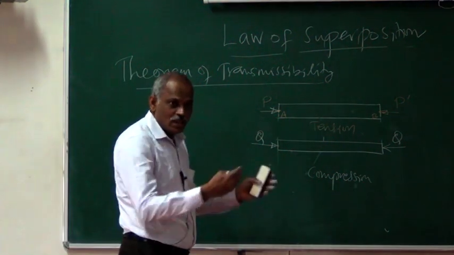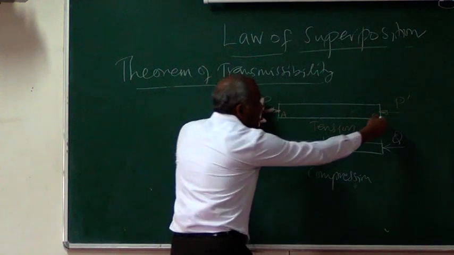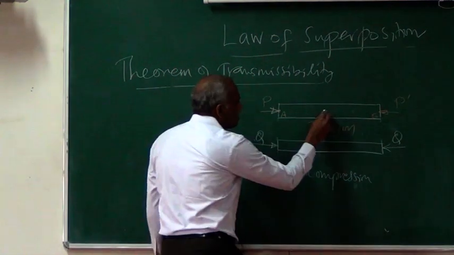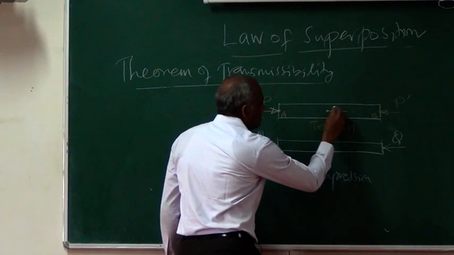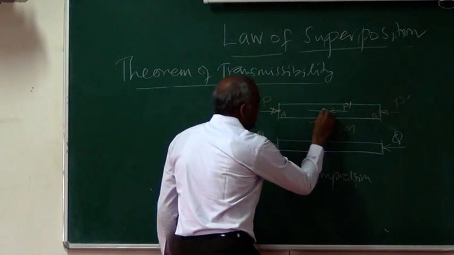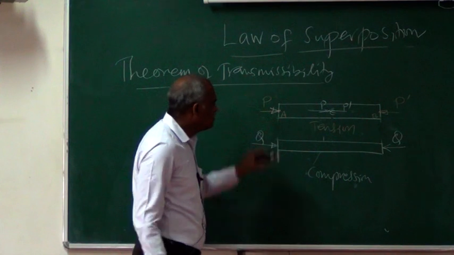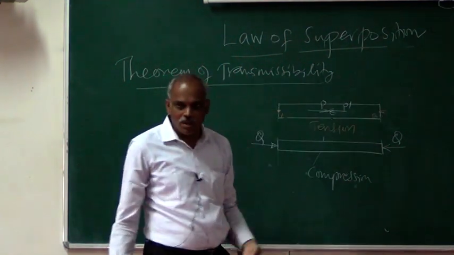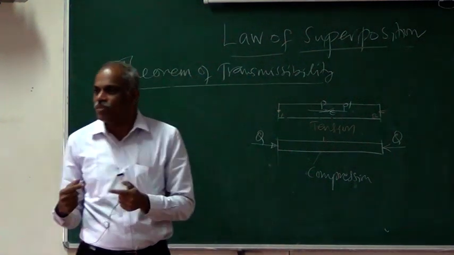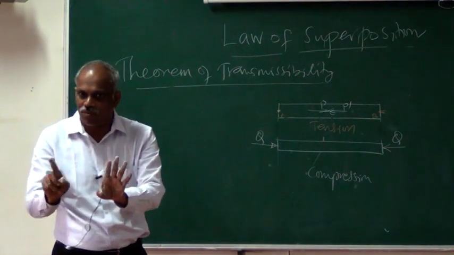Even the other worst case is, I transmit this to a point C here somewhere, then you will see that P dash is shifted here, P is shifted here, so no longer are they here. Now you see, this will still be in equilibrium.